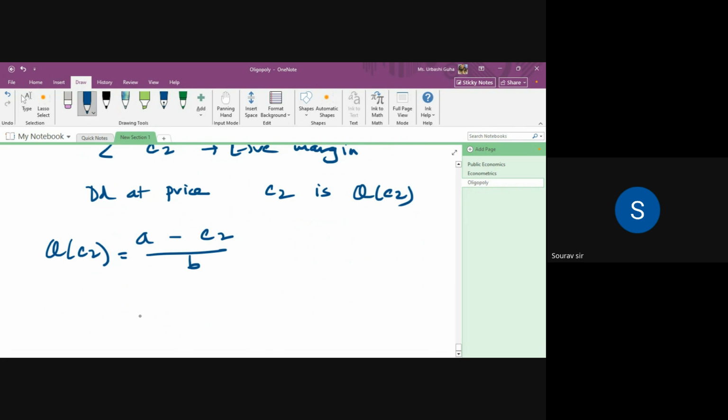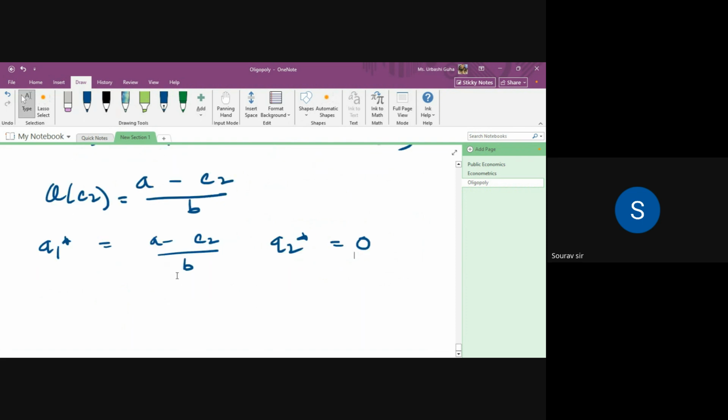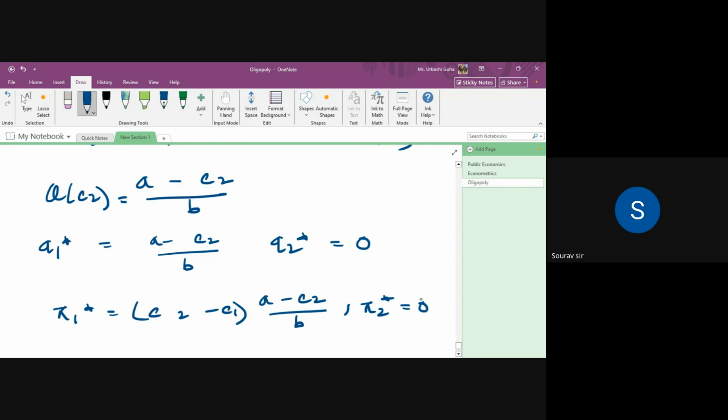From there we get Q1 star will be A minus C2 by B. And what will be Q2 star? That will be 0. Just like Stackelberg. So the profit will be C2 minus C1 times A minus C2 by B, and pi 2 star is equal to 0.